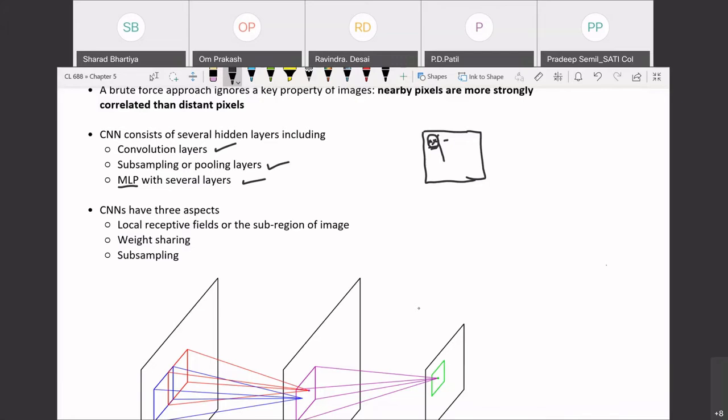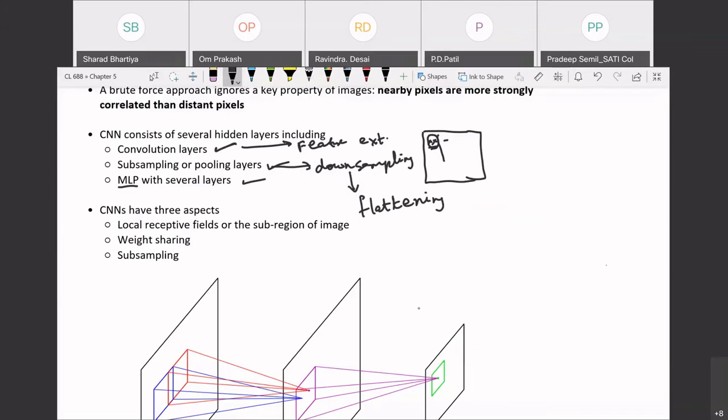So this convolution layer does that feature extraction for us, and this does downsampling. It says, I'm going to reduce the numbers because I don't need all of that. Then this downsampled vector goes through what they call flattening. Flattening is converting a matrix or a 3D array to a 1D array.